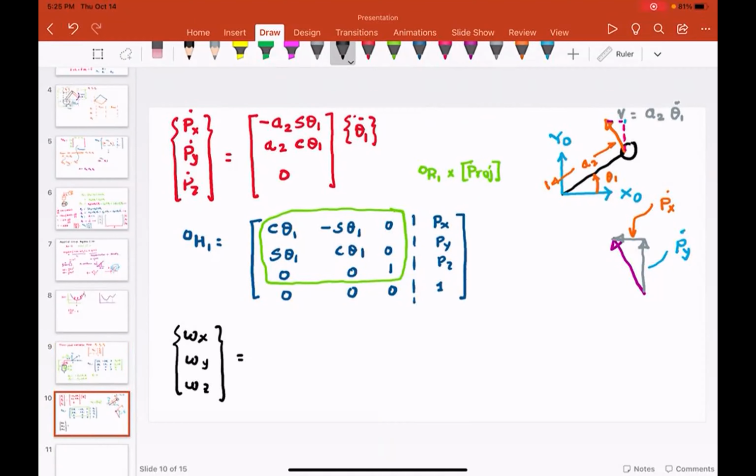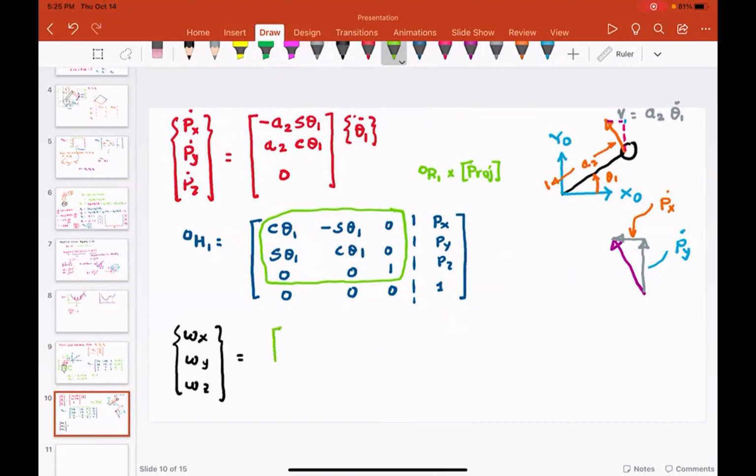This procedure is going to remain the same whether you have a 1 degree of freedom arm, 2 degree of freedom arm, 5 degree of freedom arm, or 100 degree of freedom arm. Px, Py, Pz are the velocities of the end effector. Omega x, omega y, omega z are the angular velocities of the end effector.